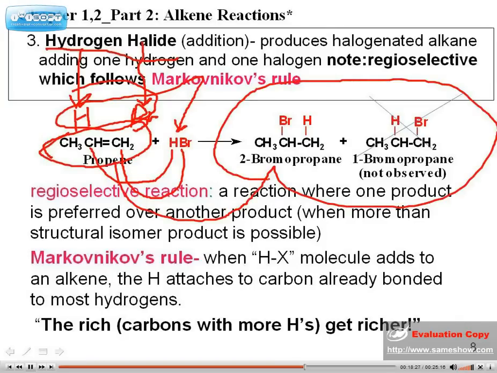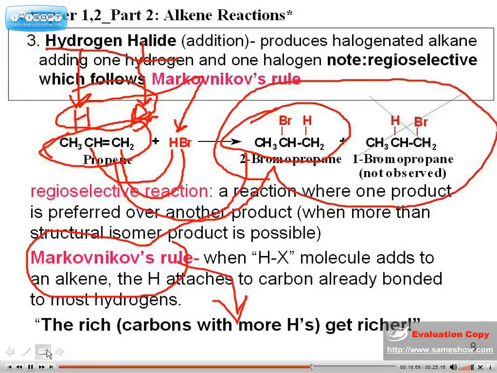Keep in mind, nature sometimes can be really picky, and it prefers one structure over another. In this case, it actually prefers the structure on the left-hand side, not the structure on the right. I will give you a very quick 10-second reasoning why, but you're not tested on the reason why. You are tested on the Markovnikov rule and apply it.